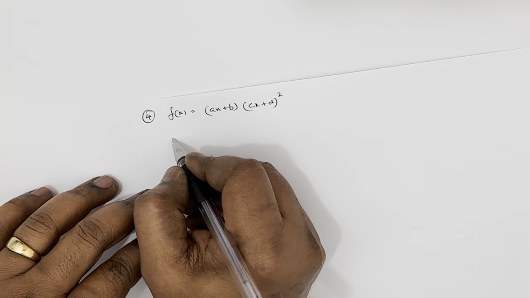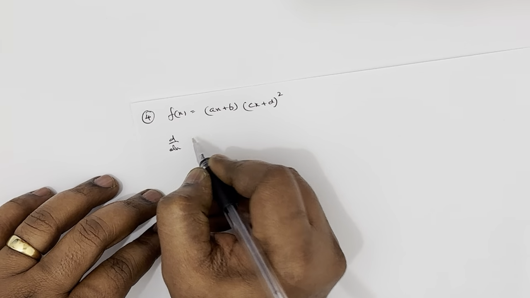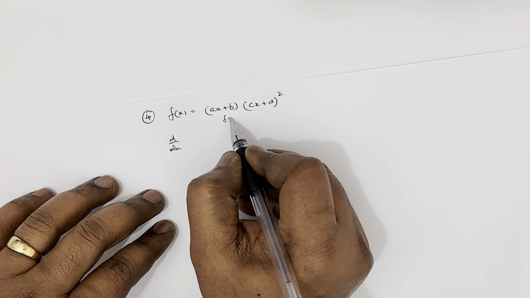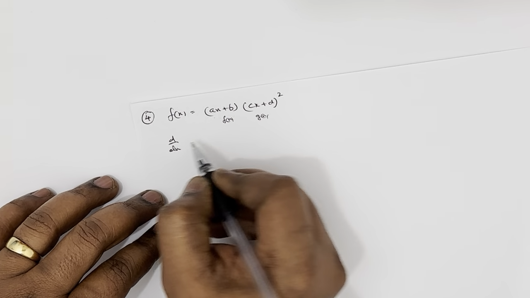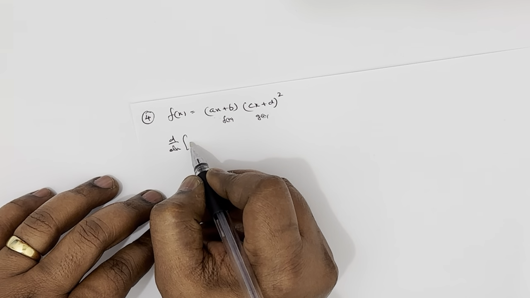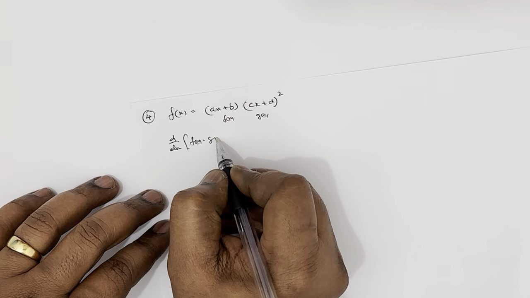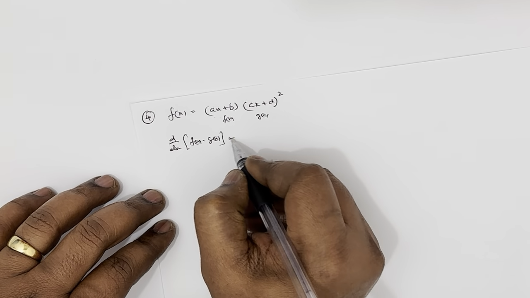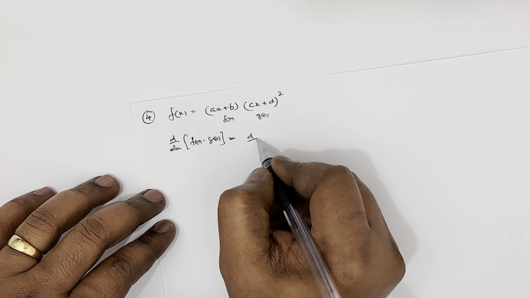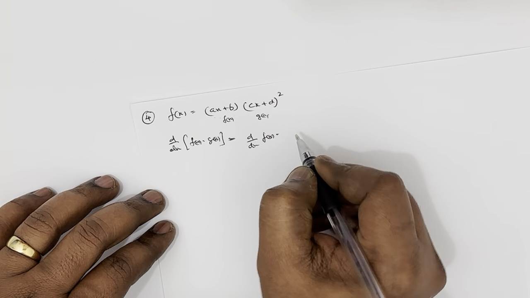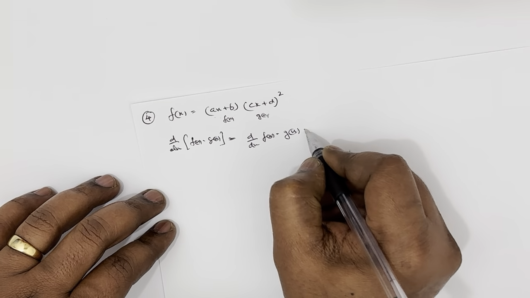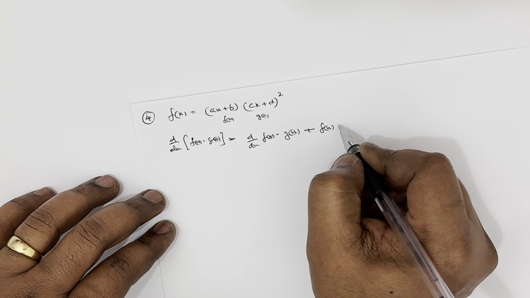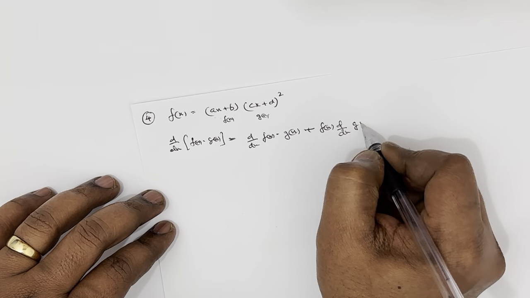That is d by dx of, now these are two functions. If this is f of x and this is g of x, then d by dx of f of x multiplied by g of x will be derivative of the first function multiplied by the second function plus first function and derivative of the second function.